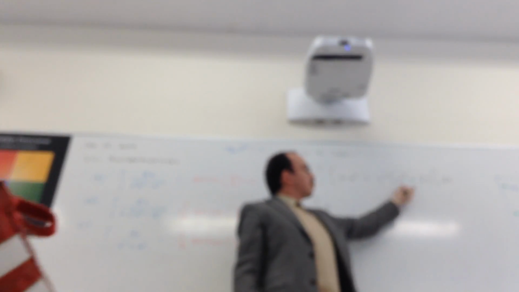This is multiplying those two, so you can simplify that. X to the minus 2 times x to the fifth power is what? X to the 3. X cubed plus x to the minus 2 times 2x is what? 2 times x to the minus 1, or 2 over x.